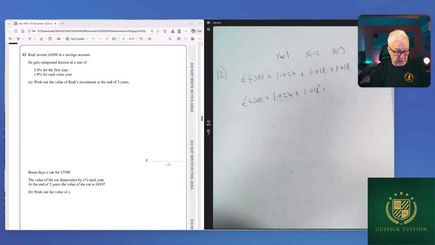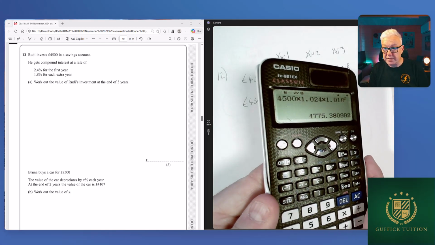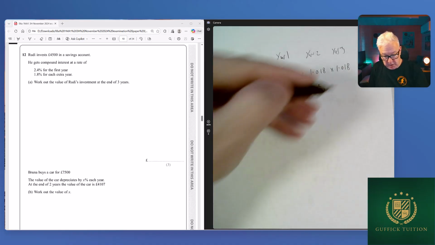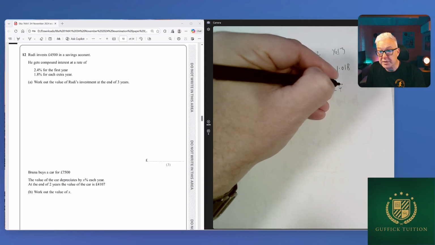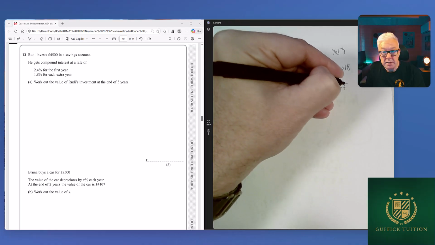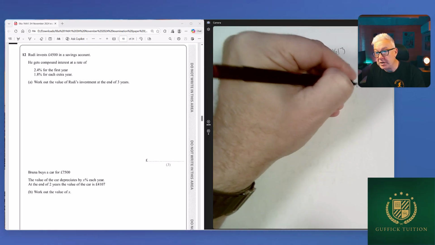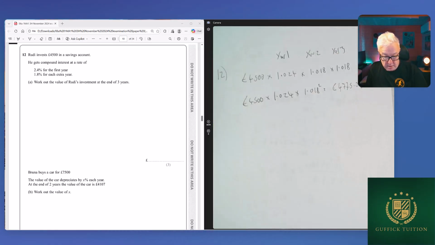So 4,500 times 1.024 times 1.018 squared, and that gives us 4,775. So Rudy's investment has grown to £4,775.38. Okay, perfect. Really nice. That's a gift for 3 marks.